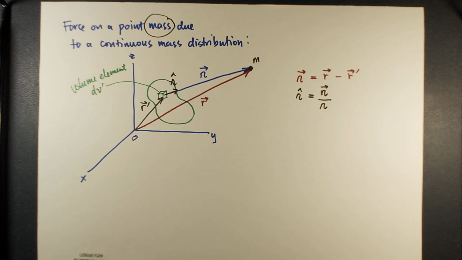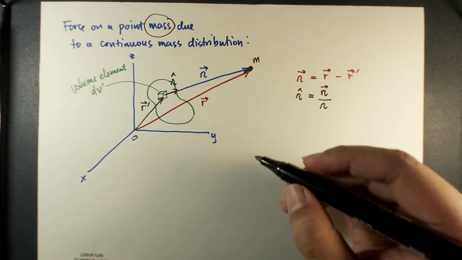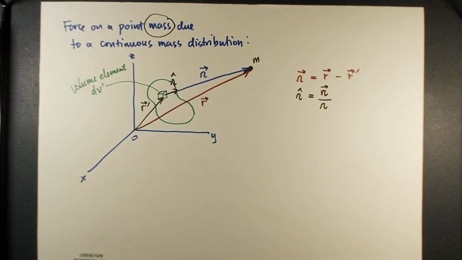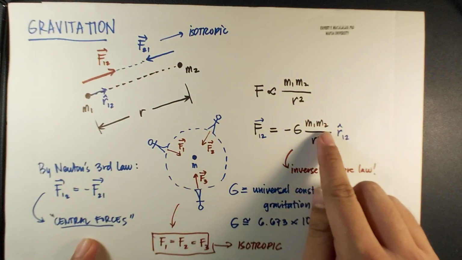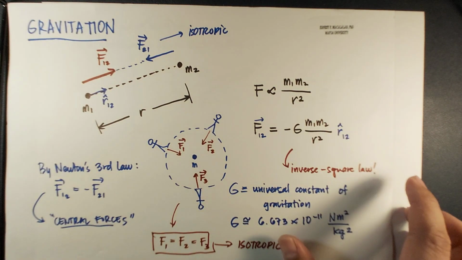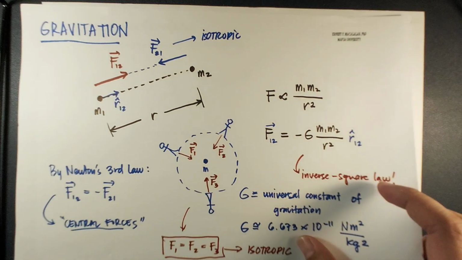So for two particles, we have m1 m2 over r squared times negative G r12 hat.